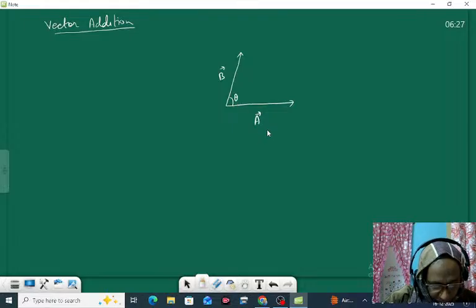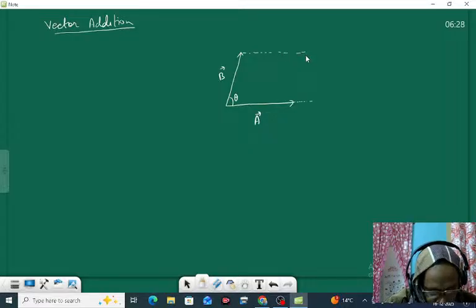And if we add the two vectors according to the parallelogram law of vector addition, here we are making a parallelogram.